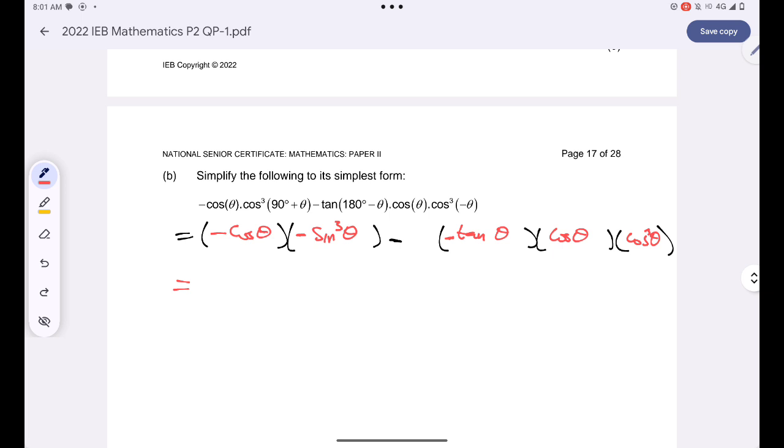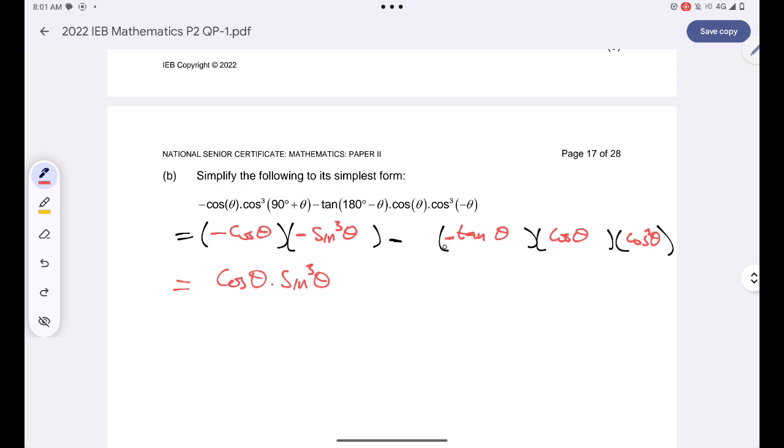Okay, now I've reduced my angles. The only thing I'm left with is to make sure that I leave everything in terms of sine and cos. How can I do that? A negative cos times a negative sine cubed theta will give me positive cos theta multiplied by sine cubed theta.